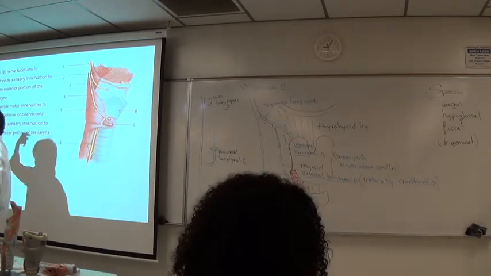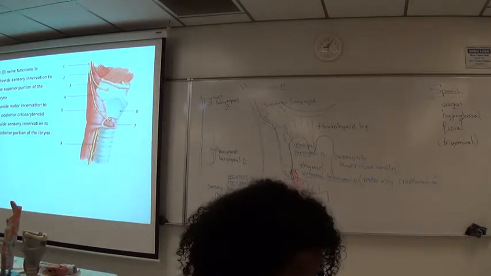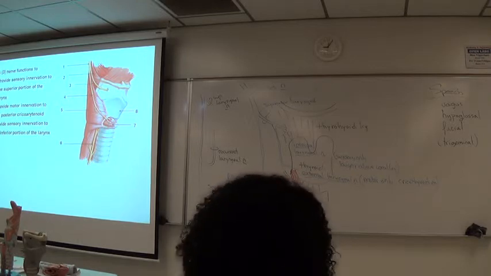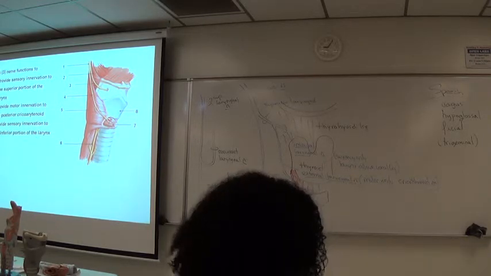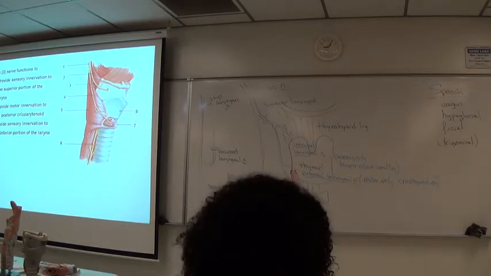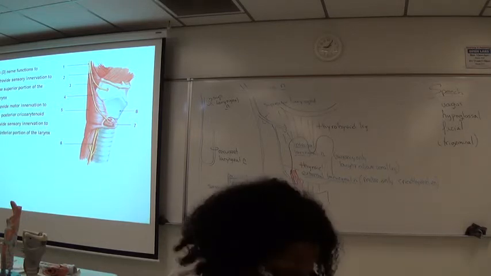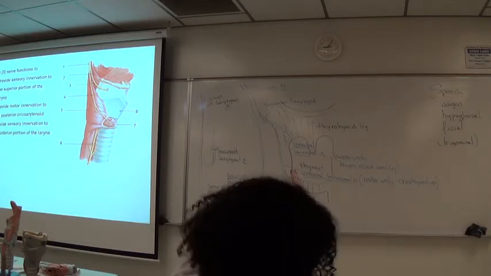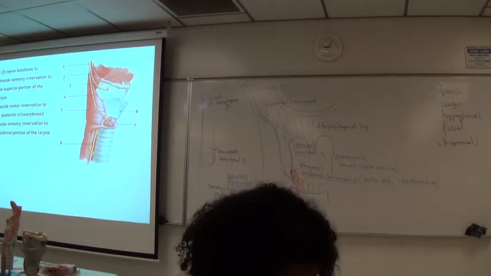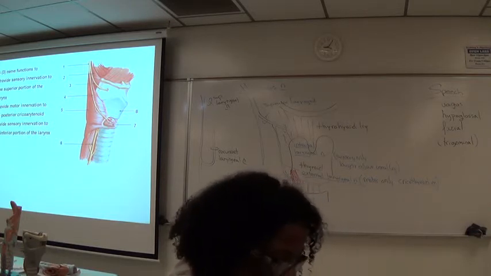So it's going to go up around the right subclavian artery and back up into the right side of the neck. On the left side, remember the subclavian comes off a little bit farther to the left without the brachiocephalic trunk. So on the left side, the loop of the recurrent laryngeal is actually around the arch of the aorta.